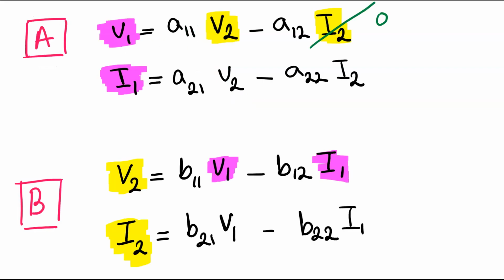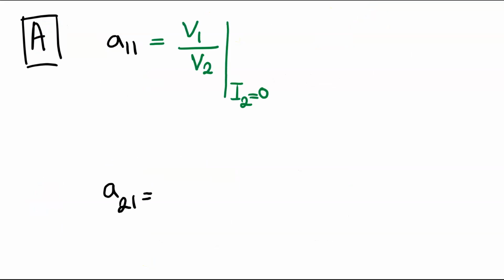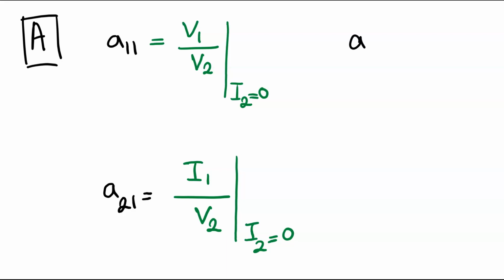For A21, I have to make sure that I2 is 0 again. And this time, A21 is going to be I1 divided by V2. I have still the same constraint of I2 equal to 0. Okay, I have two more parameters to find. I need to know how I can calculate my A12 and A22.